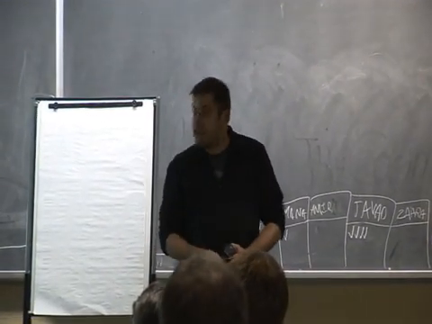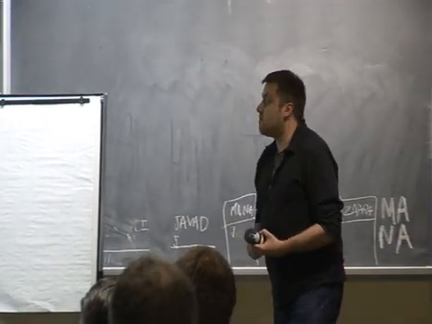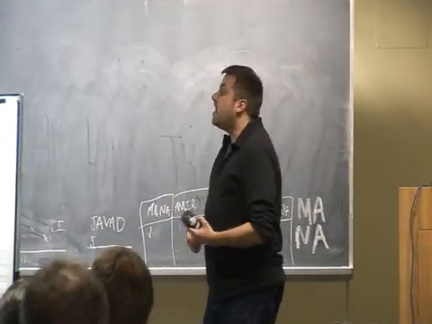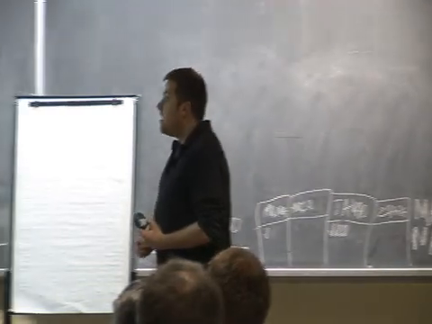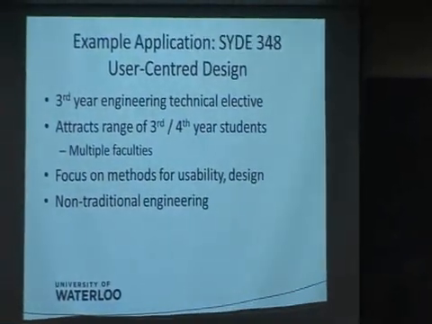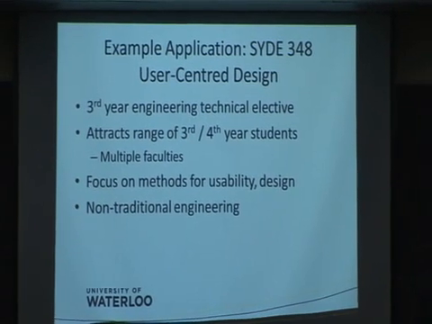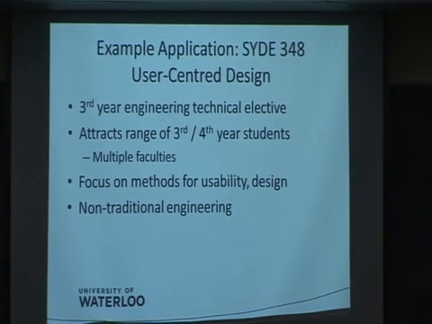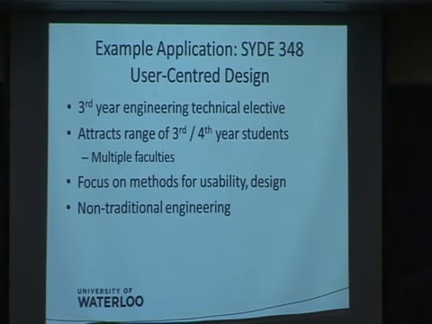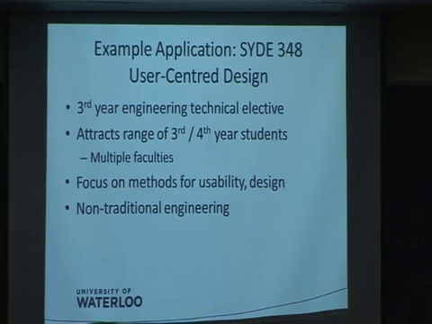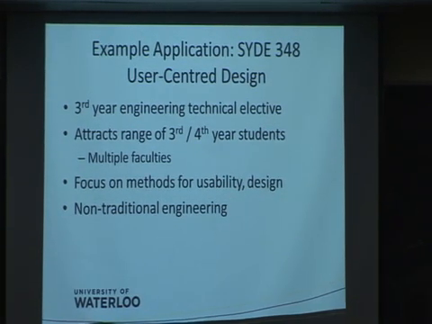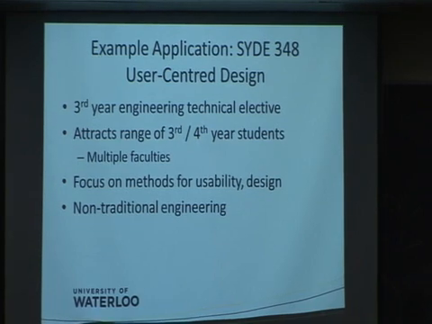So again, just to give you a little bit more background on the course, it's a third-year engineering technical elective. It tends to be very popular with engineering students because it's not actually all that technical. It's much more of an artsy course. We're more interested in the psychology and other aspects of interaction rather than teaching calculus or explicitly focusing on design.